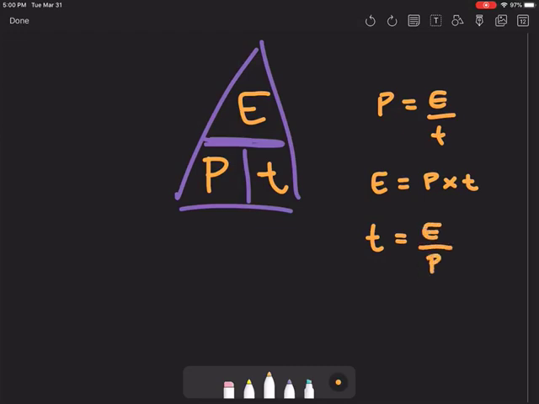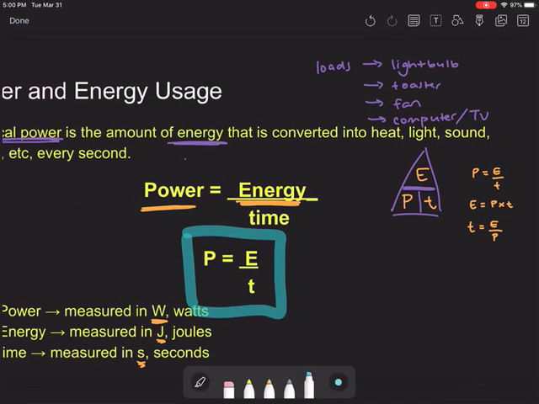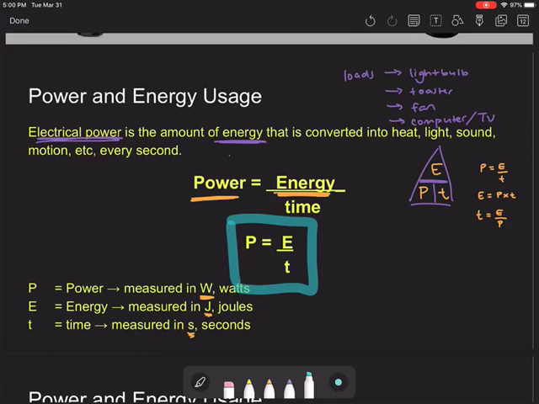Okay, so for these rearrangements, again, you will only get the original formula. But using that triangle trick, you can go ahead and figure out the other two rearrangements if you would like.